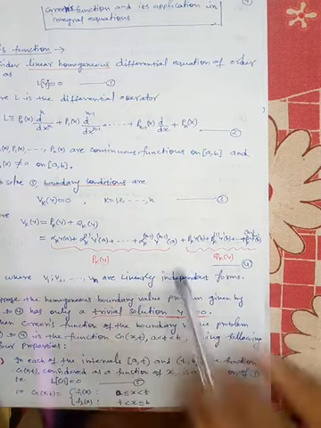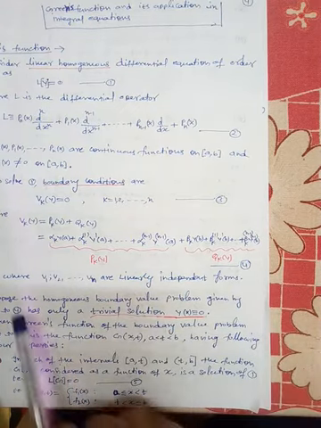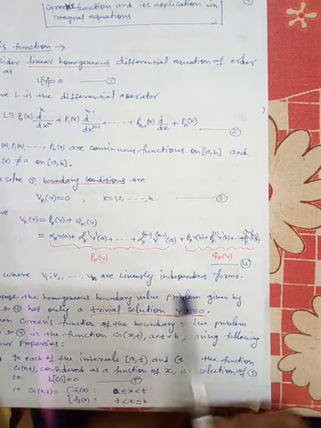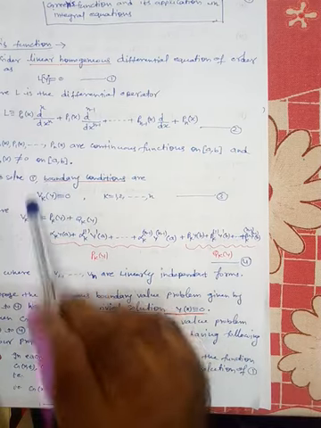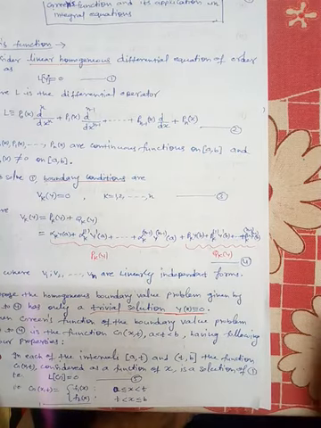So this is the boundary condition, where V1, V2, up to Vn are linearly independent forms.